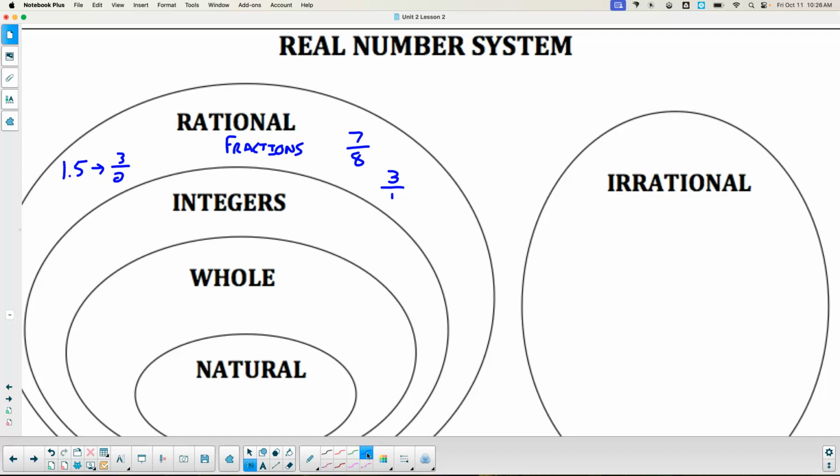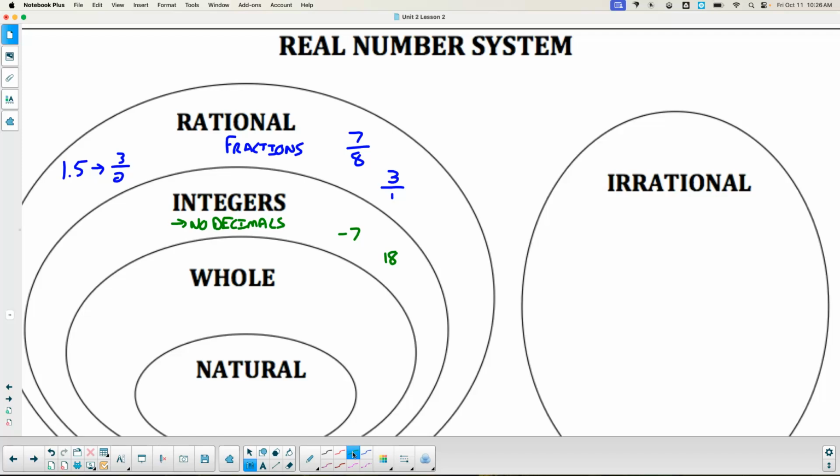Then a subgroup of rational numbers are numbers that we call integers. Integers have no decimals. So this would be like -7, +18, 56, -1,263.